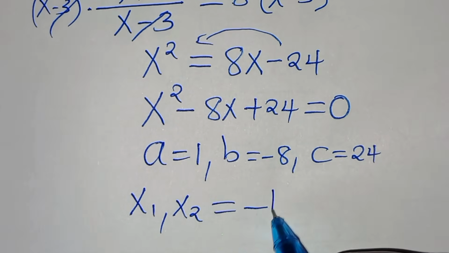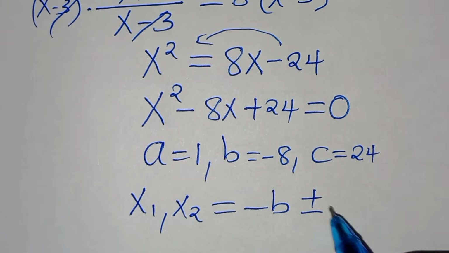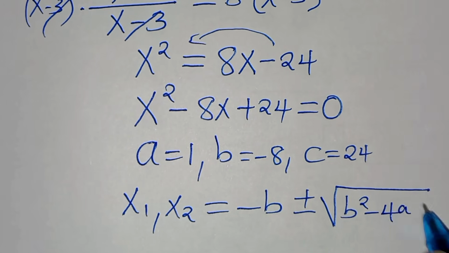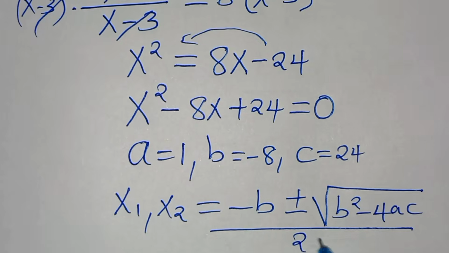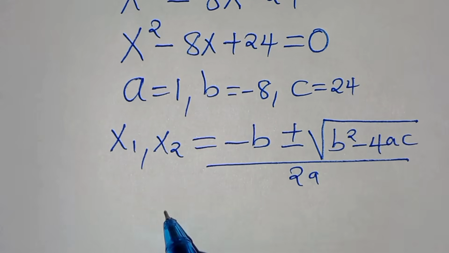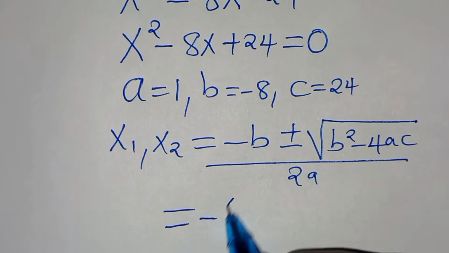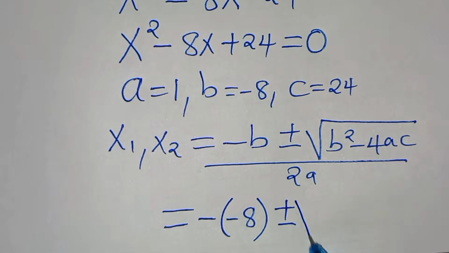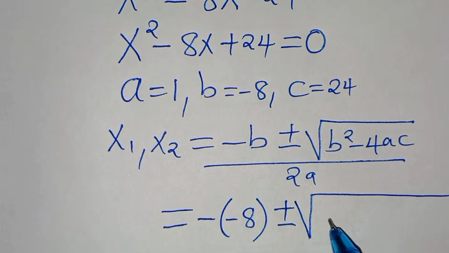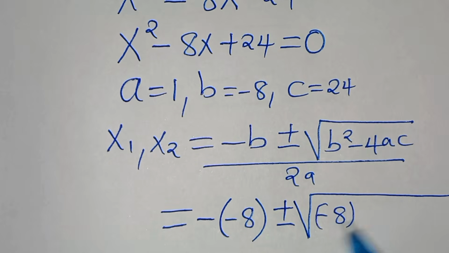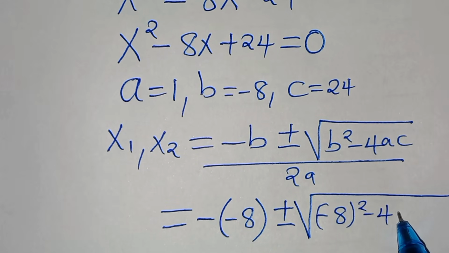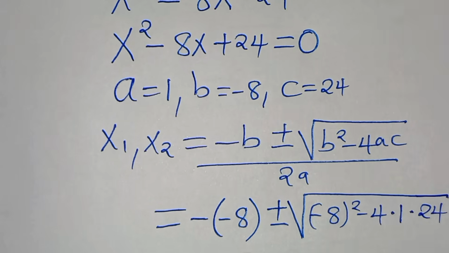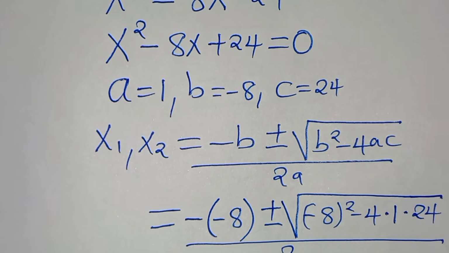Let's apply the quadratic formula here, which is minus b plus or minus the square root of b squared minus 4ac, everything divided by 2 times a. So now we have minus minus 8 plus or minus the square root of minus 8 to the power of 2, subtract 4 times a, which is 1, then times c, which is 24, everything divided by 2 times 1.